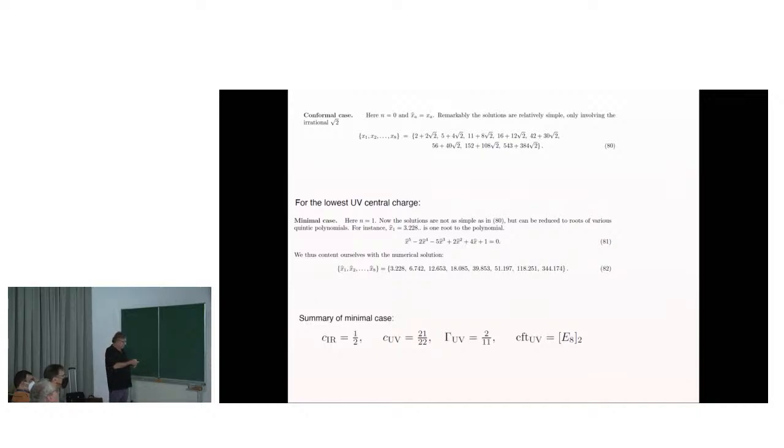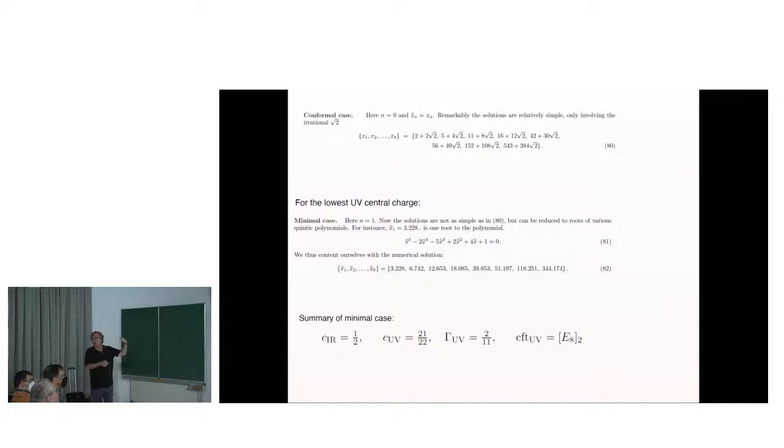It turns out they're relatively simple. They only involve the irrational square root of 2. And kind of remarkably, if you add up, I had this formula in terms of the Rogers dilogarithm for the central charge, and you have 8 of these guys, kind of funny values, and you get exactly 1/2.